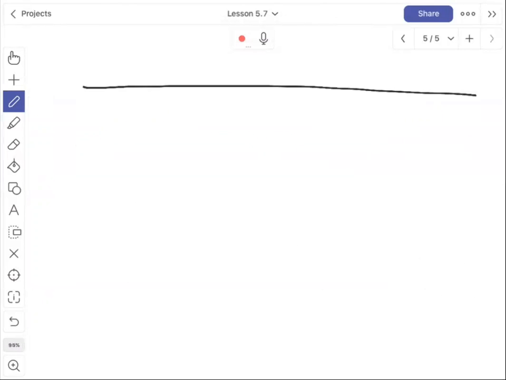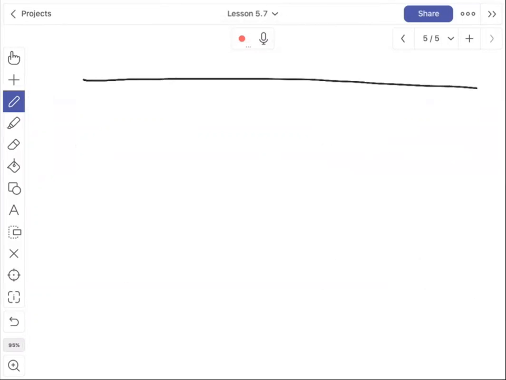All right, and a couple notes. Key concepts for our lessons.